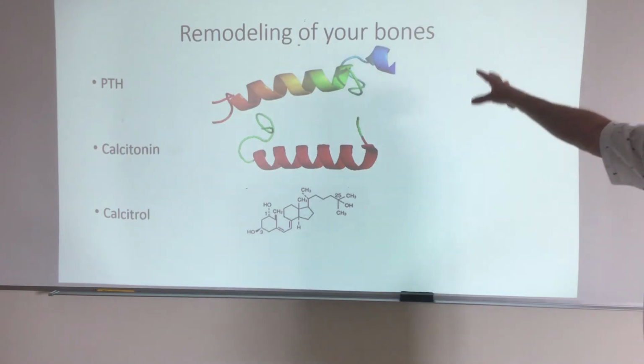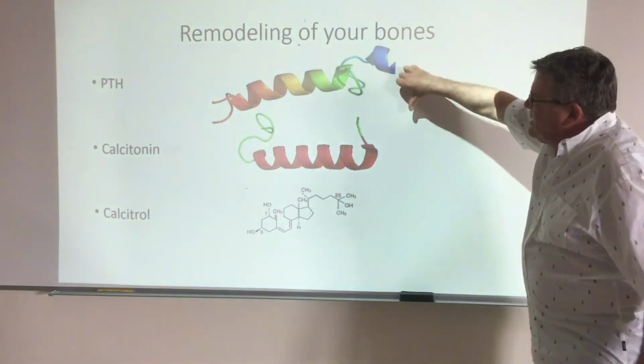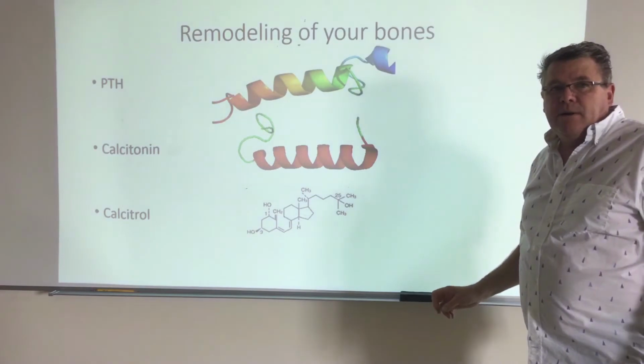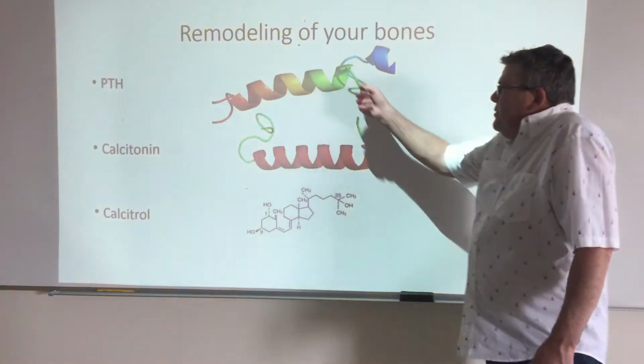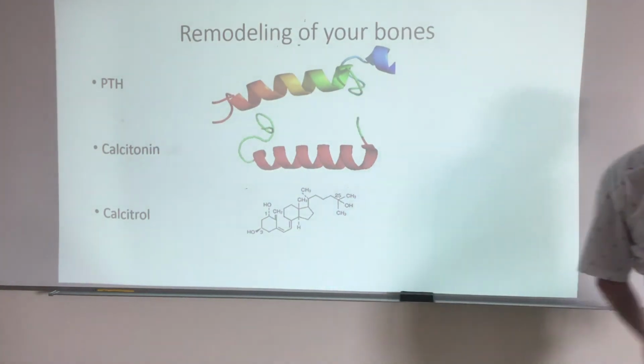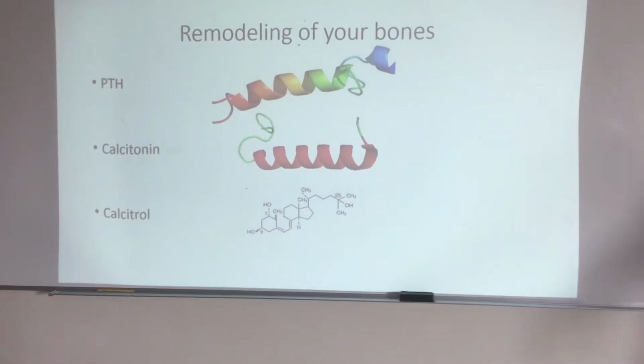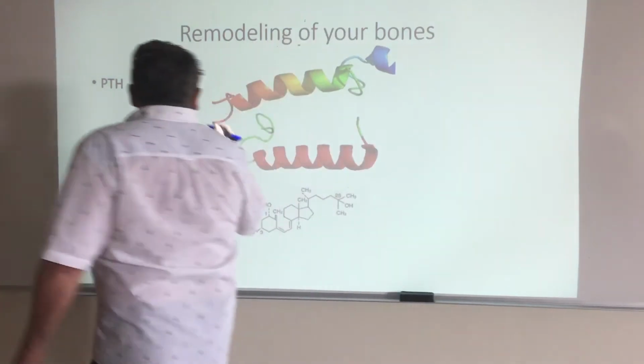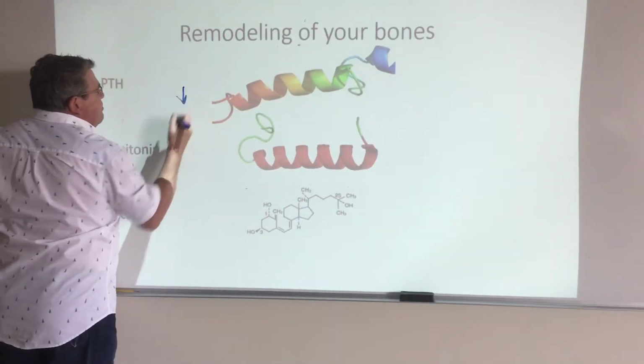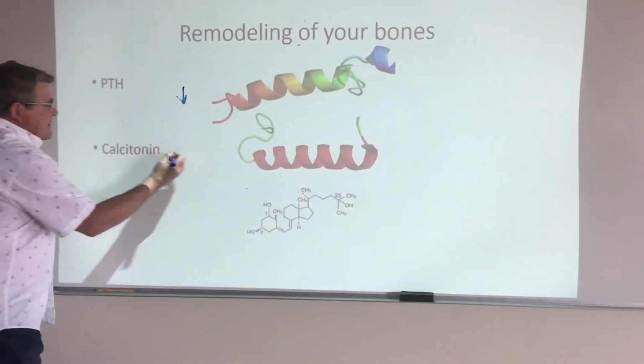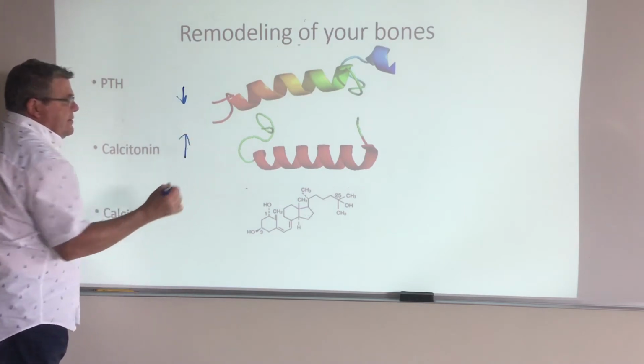Parathyroid hormone, on the other hand, downregulates calcium deposition into the bone. So parathyroid hormone, look at my marker, is going to drop bone calcium levels, calcitonin increase.